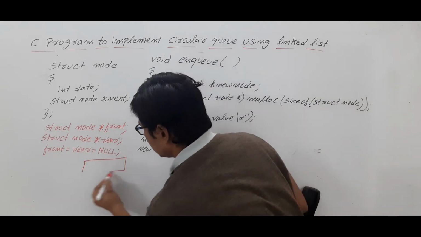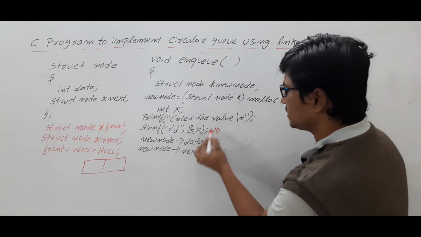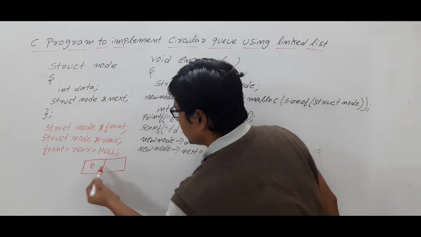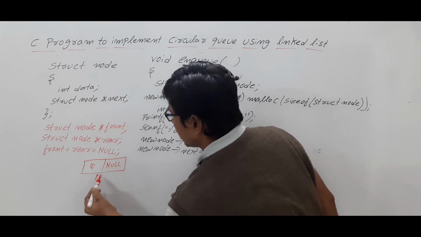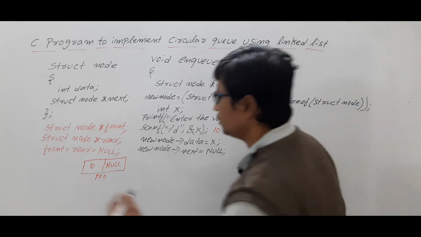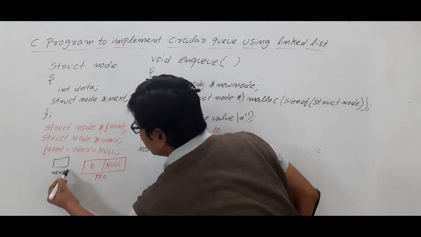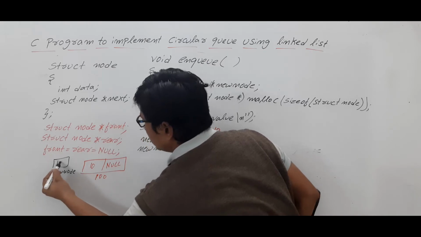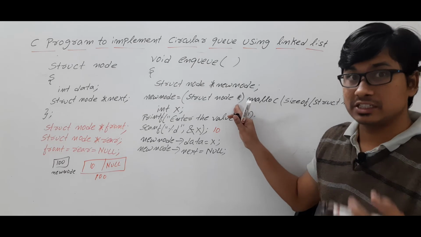It consists of a value. Suppose the x value is 10. The value 10 will be here and the next will be null. Suppose it is at some address, 100. Then you are declaring a pointer called new node. This new node will hold address 100 if the memory has been successfully allocated.